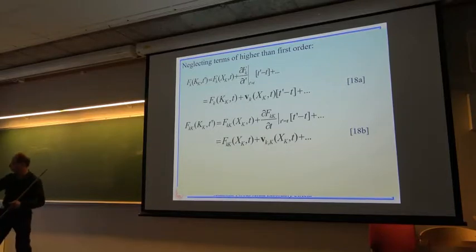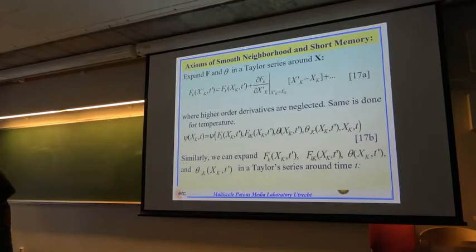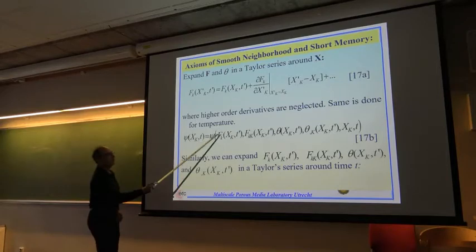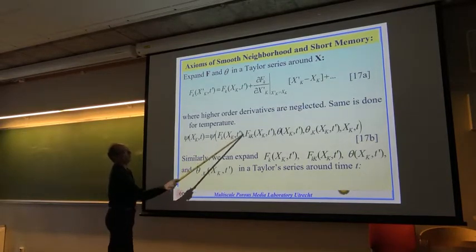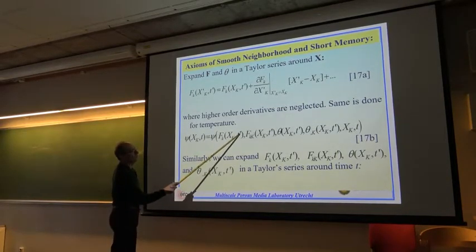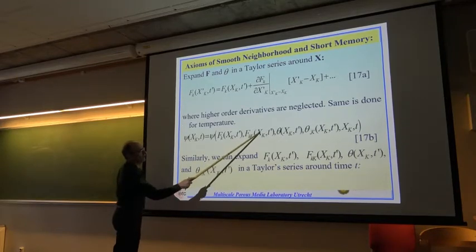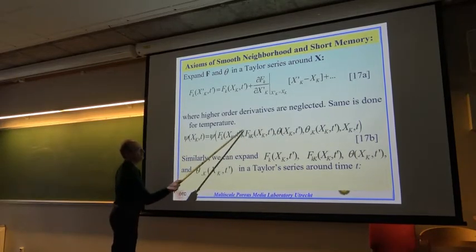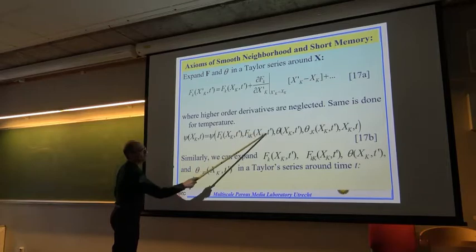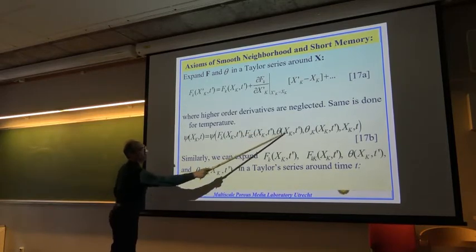You remember, please let me go back. Remember we have here the motion of the current point, all past times of that point, the gradient of motion of the current point and all past times. So I'm going to expand all of these in terms of the current time, and the same over there.